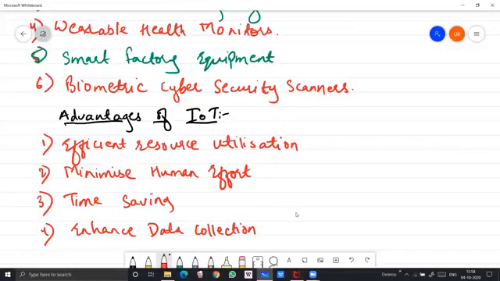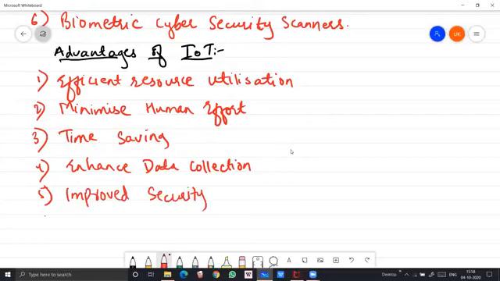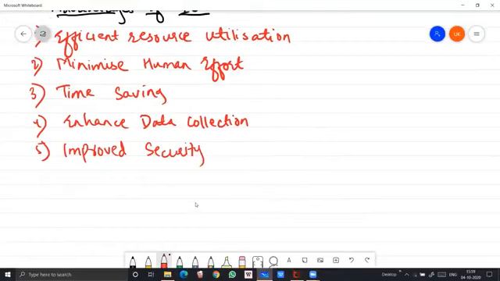Then it has improved security. And then it's cost effective. In the beginning it may be a little bit expensive, but later on it's cost effective. After advantages, students, we have the disadvantages as well.